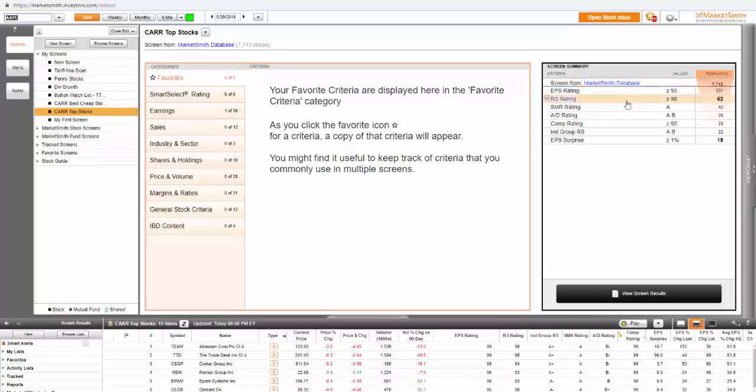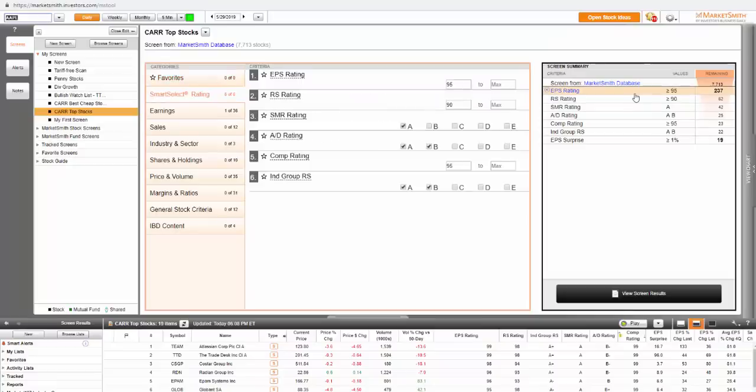So you can see my filters over here on the right. I have EPS set at 95 or better. So I want this to be in the top 5% of all stocks based on earnings growth. And out of the 7,700 stocks that IBD covers, there are 237 that passed that particular filter. Of those 237, I also want all the stocks to be ranked at least 90 on the relative strength scale.